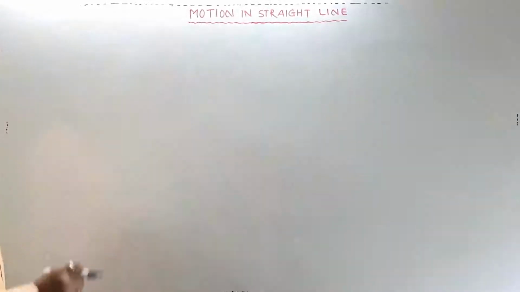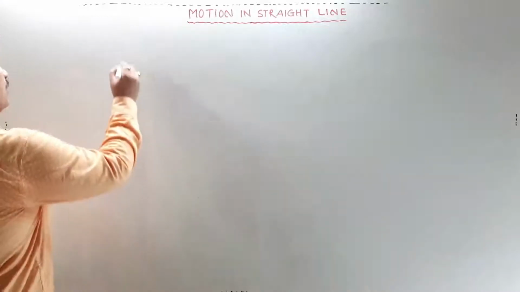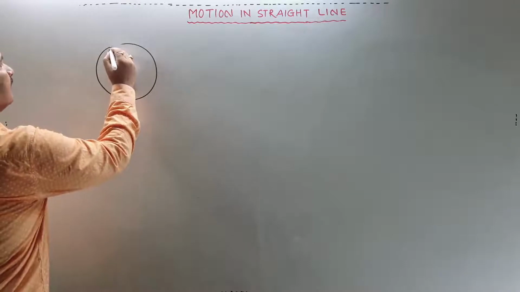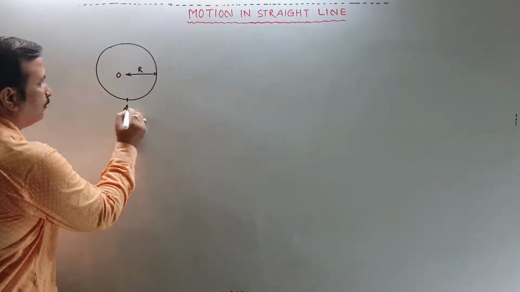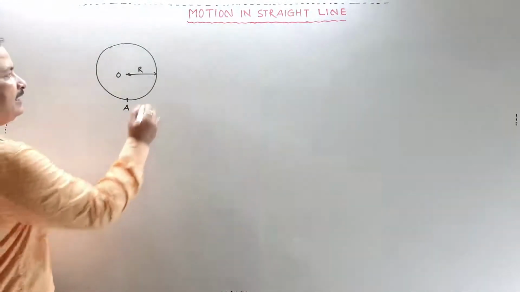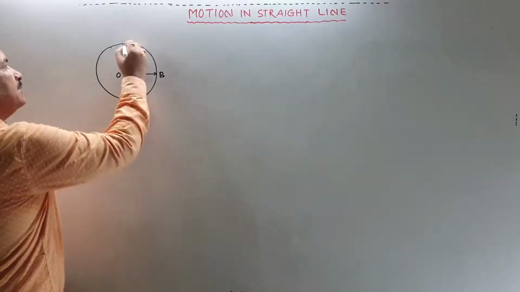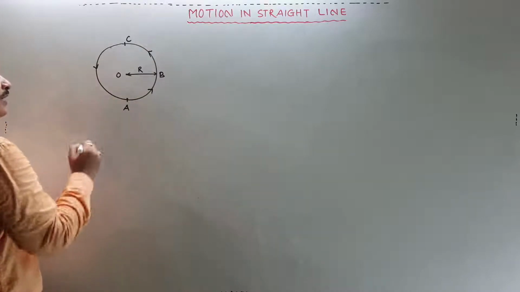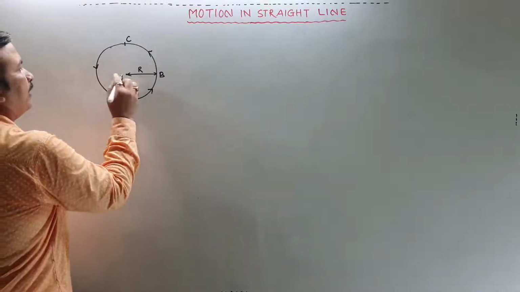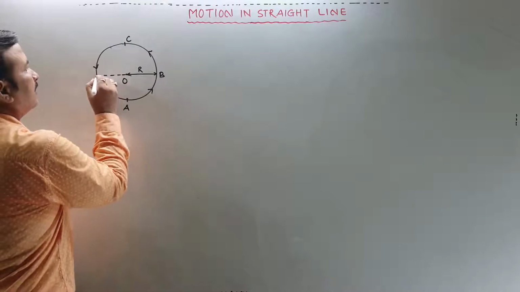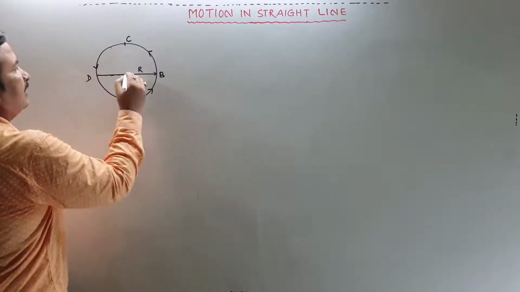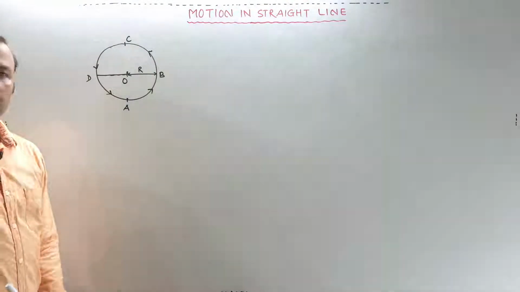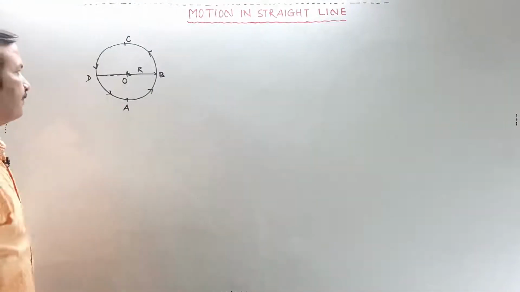Let's see. If I say that we have a circular path, yes, this is the circular path, starts moving from point A, reaches point B, reaches point C, goes like this, and then comes back to A. Even you can take one more point D and then reaches A. Okay, so many possibilities now here.